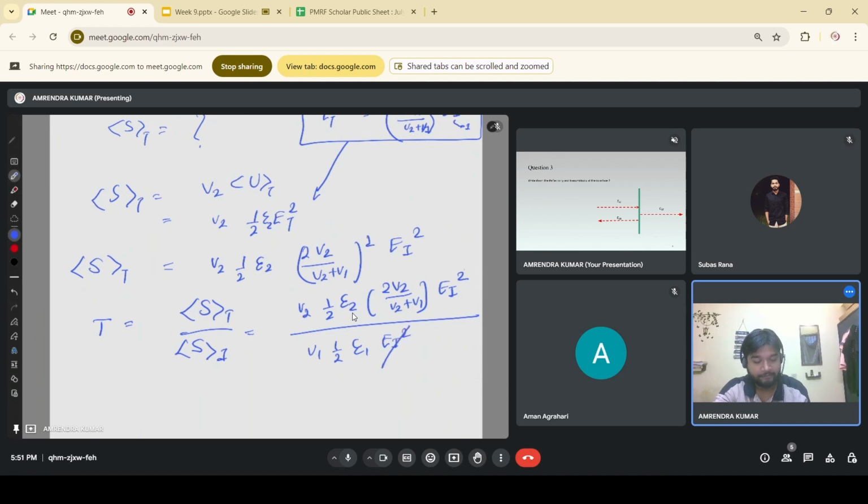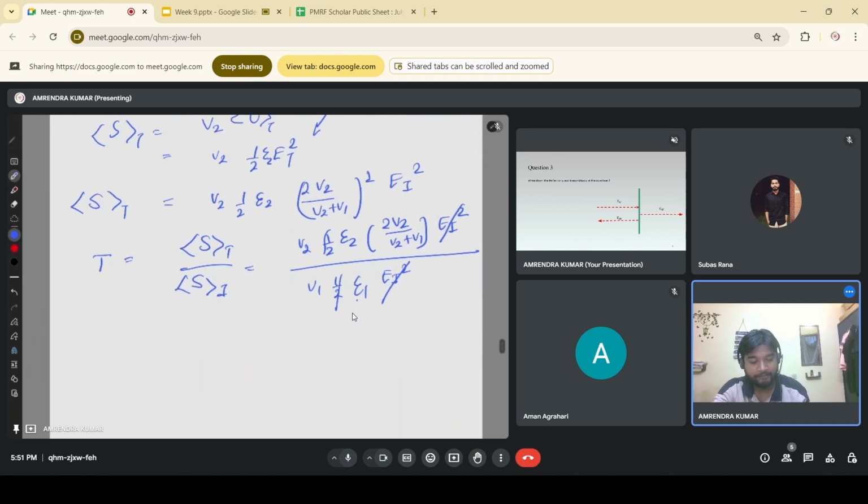Incident, cancel out this half, not this one, to cancel out. So you have the square of this, and twice of this, squared.